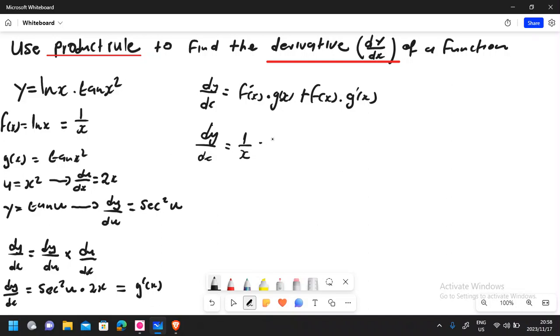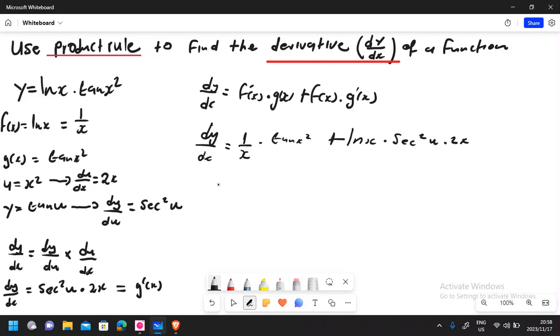So we multiply by tan x squared, and then plus. Now we need to write f of x. Remember, f of x is natural log x. So natural log x, multiplied by the derivative of g of x, which is sec squared u times 2x. So let's multiply sec squared u by 2x.